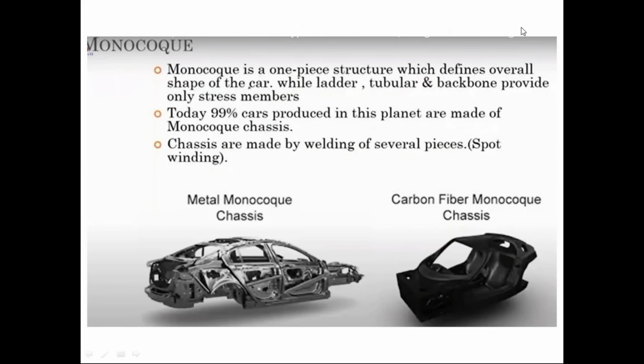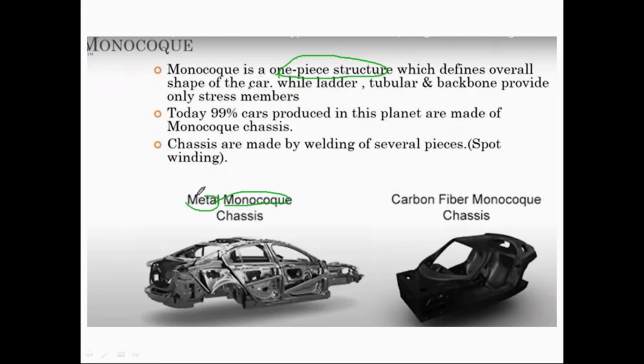Another very important and popular type of structure is the monocoque structure, which is a total one-piece structure. We call it a one-piece structure, the most popular structure, and maximum of the automobile vehicles constitute this monocoque.